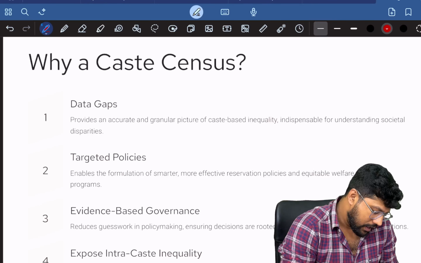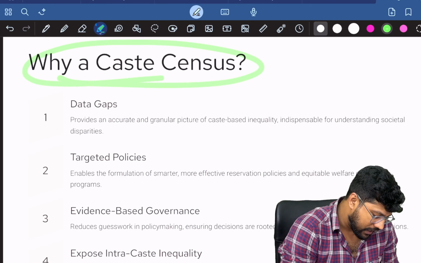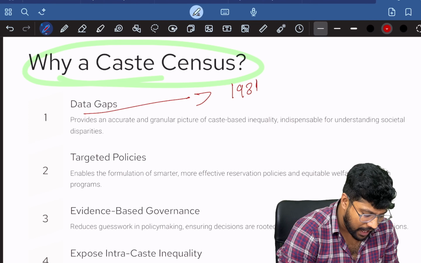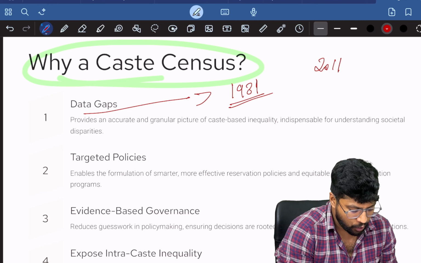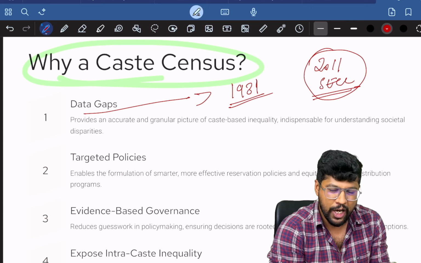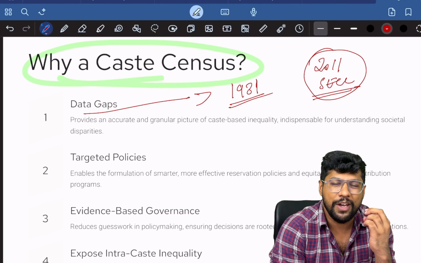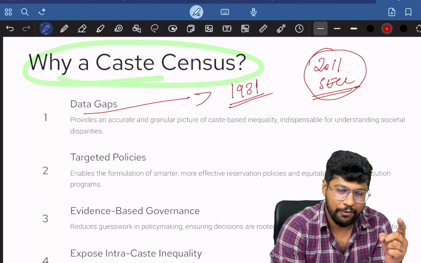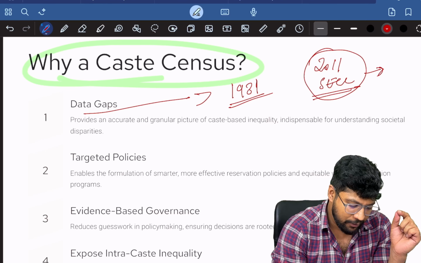Then why is a caste census required at present? One important aspect why the caste census is required right now is the data gap, because the last data with respect to caste we have is from 1931. Though we did a socio-economic caste census in 2011, the biggest problem is that the data is not verifiable or reliable.